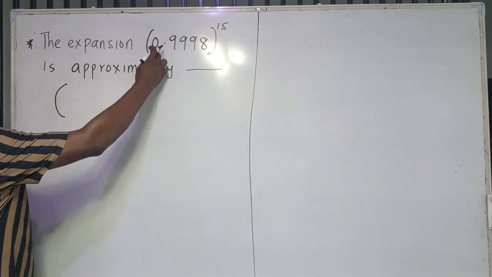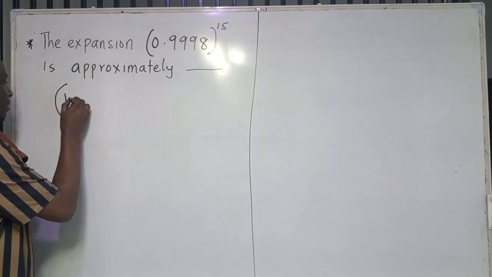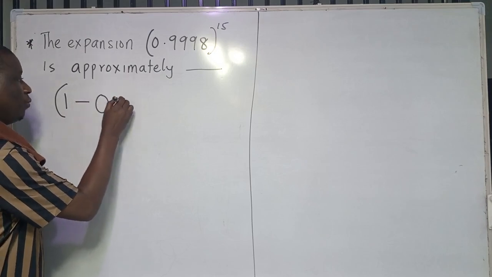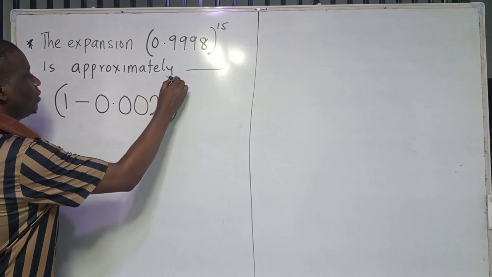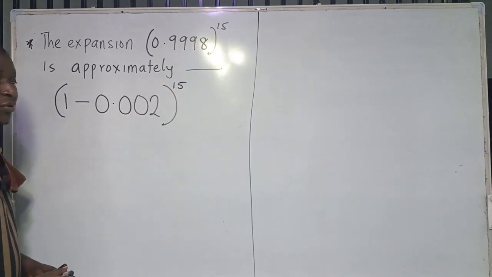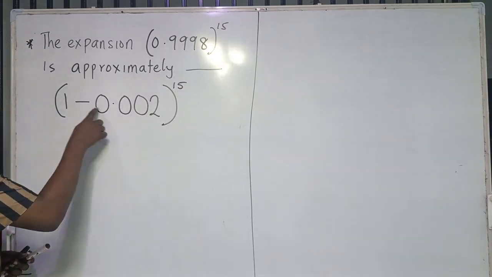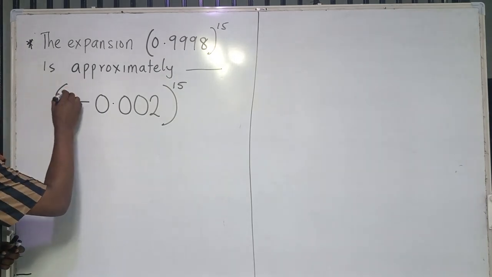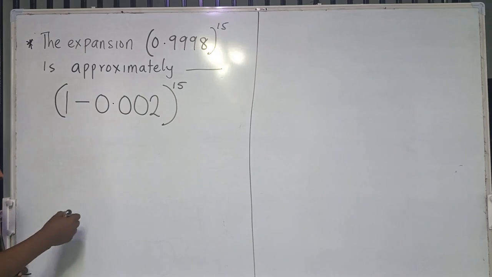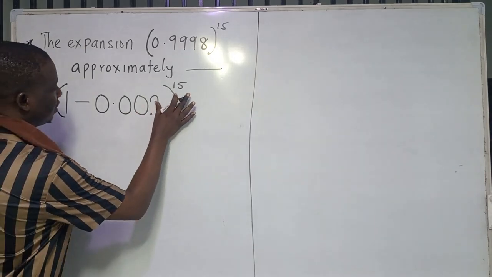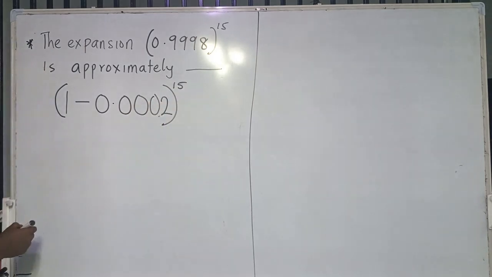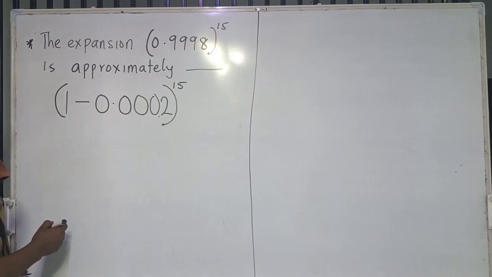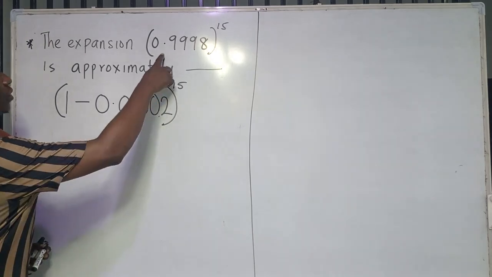What I want to do is write this number as (1 minus 0.0002) all raised to the power 15. So press your calculator now. 1 minus 0.0002 is the same as what?